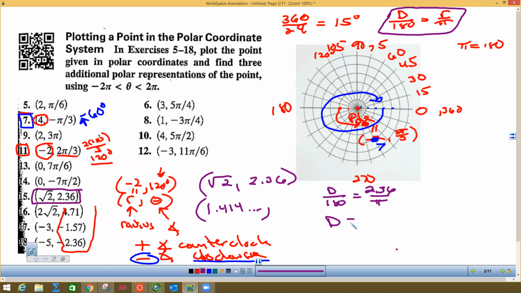So D is going to be 2.36 times 180 divided by pi, and you're going to round that answer. Will someone tell me what that answer is to the nearest degree, please? No, not DMS. Just round it to the nearest degree. What is it?